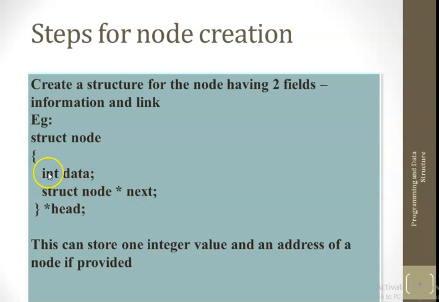So this is an integer data field where we can store the information, and this one is the compulsory field which should store the address of the next node. So using this field only we will form the link for joining multiple nodes.